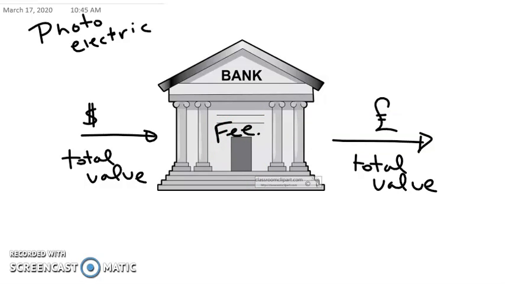Let's say $500 goes in, and the exchange rate happened to be 1.25, meaning $1.25 is equal to 1 pound.